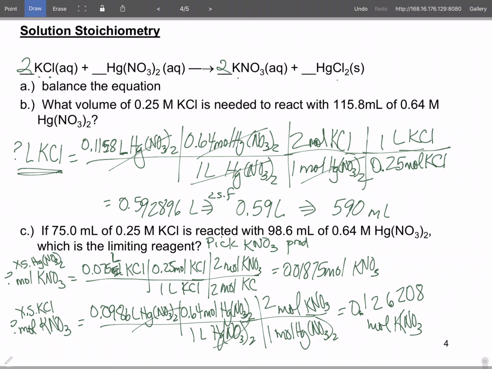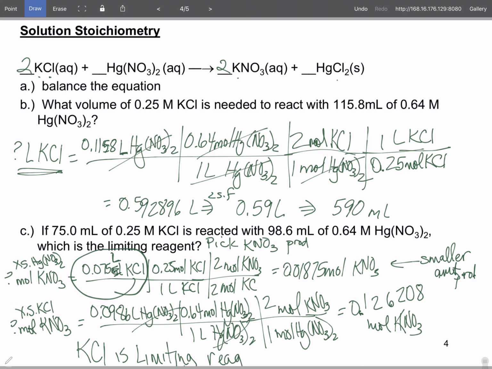Okay, so at this point in time, the question is which one is the limiting reagent? Well, which gives you less? Well, this is the smaller amount of product. And again, this only works if you compare products and amounts to amounts. So we go back to our original reactant. So KCl is the limiting reagent because it runs out first.